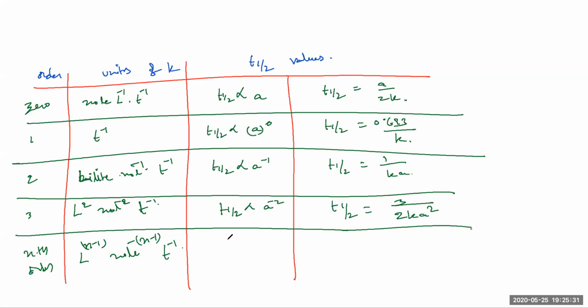See this: third order is liter square, second order is liter, so like that. Try to understand: liter power n-1. Then t half is proportional to 1 by A power n-1. Here n is the order of the reaction. Okay, note down this table.